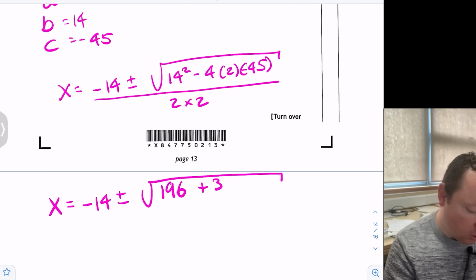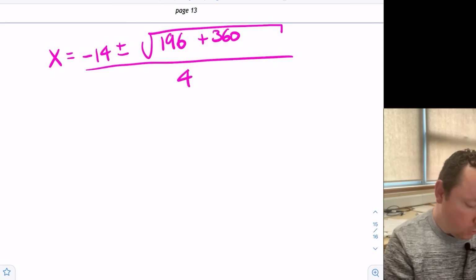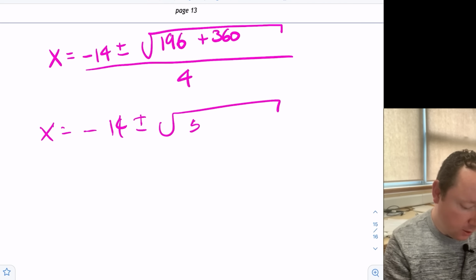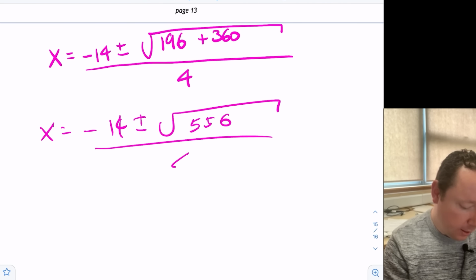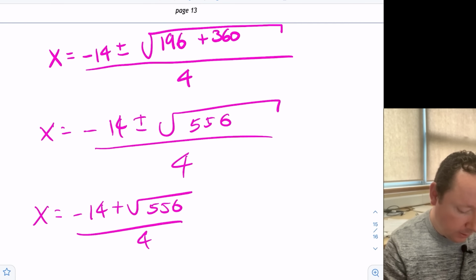So it's plus 360 all over 2 times 2, which is 4. So we get x equals minus 14 plus or minus the square root of 556 over 4. So we get a calculator out for x equals minus 14 plus root 556 over 4, and x equals minus 14 minus root 556 over 4.